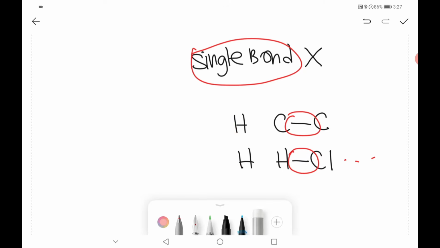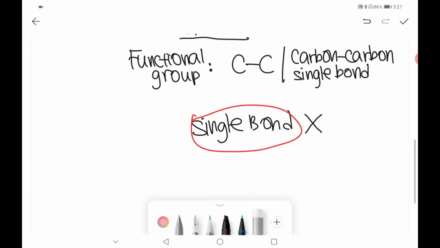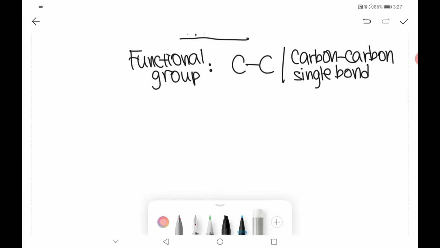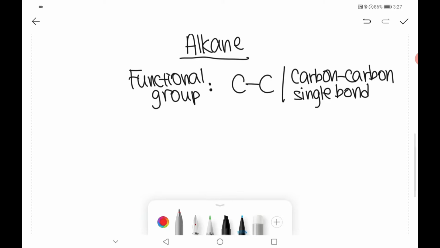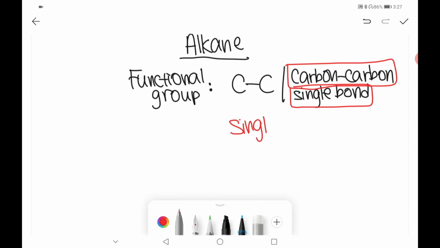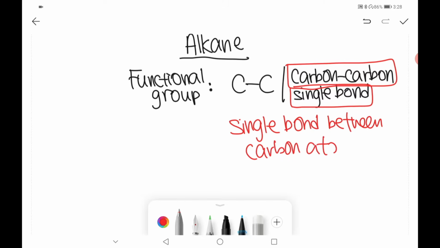So if the question asks what the functional group, the sex organ, for alkane is, you must mention a single bond between carbon. You must mention carbon-carbon single bond. If you don't want to write carbon-carbon single bond, you can also write single bond between carbon atoms.